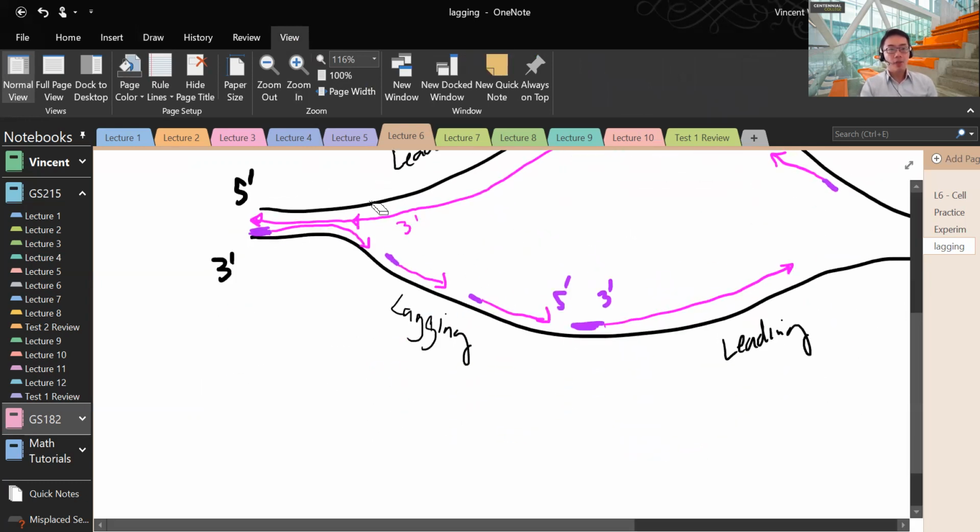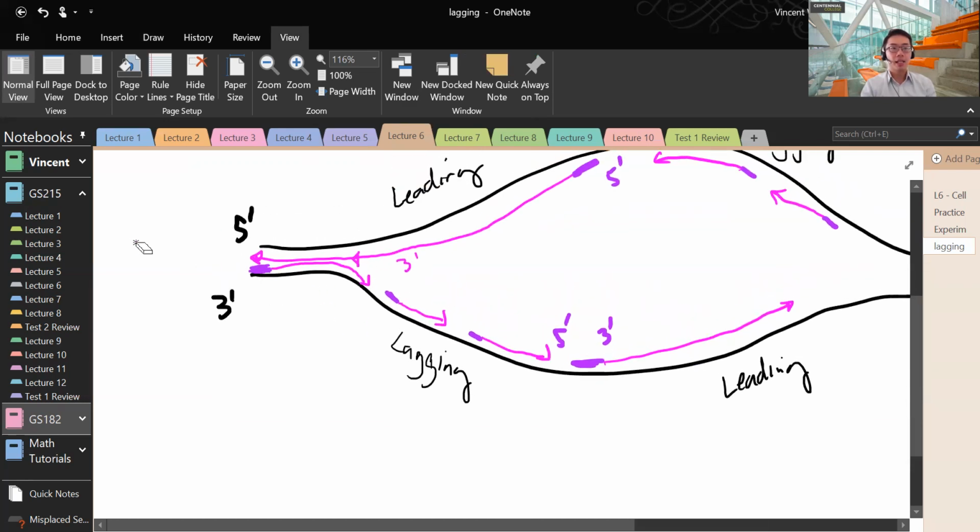The DNA polymerase 3, which I did not draw, will fall off when it approaches the primer, and then polymerase 1 will replace these purple primers with actual DNA. So this purple part will become DNA later. This purple part will become DNA because, again, the polymerase is coming down, right? This purple primer will also become DNA. However, we have a problem at the very end. There is no polymerase coming from upstream, okay?